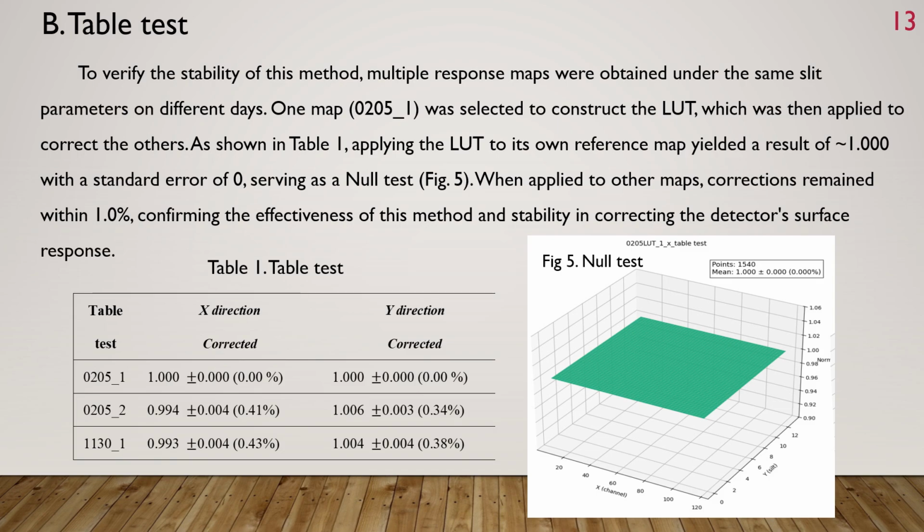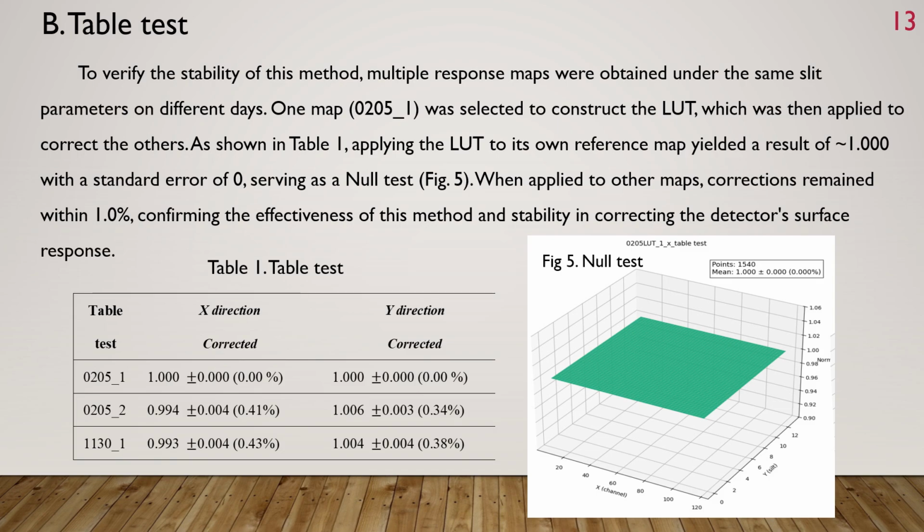Table test. The table test aims to demonstrate the stability of the LUT method. We obtain multiple tables under the same slit parameters on the same or different days. We selected one table to construct the LUT, which was then applied to correct the other tables, as shown in Table 1.